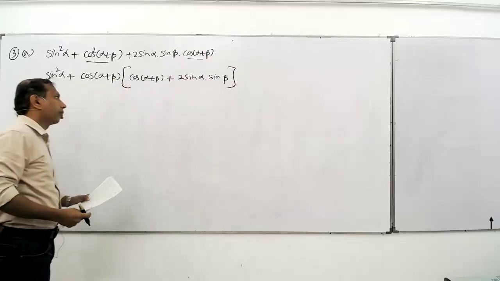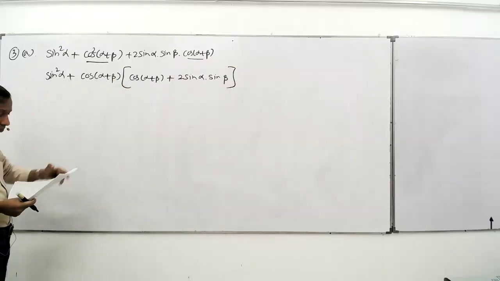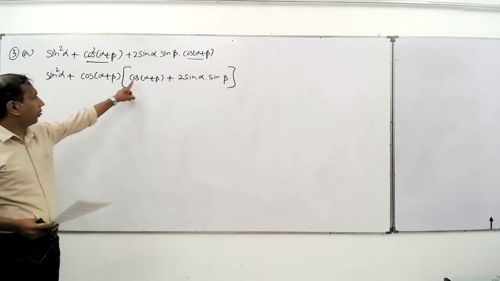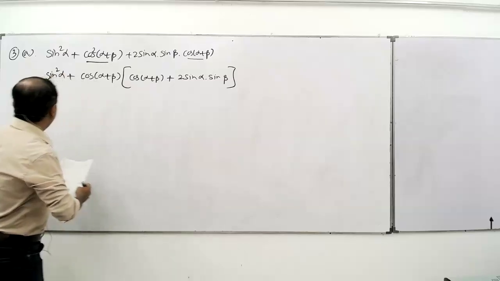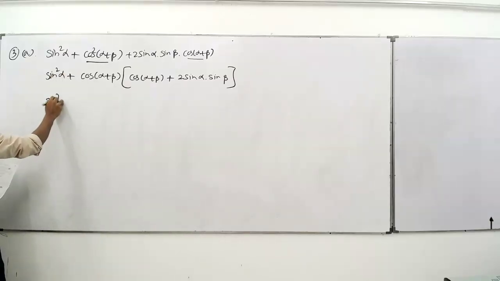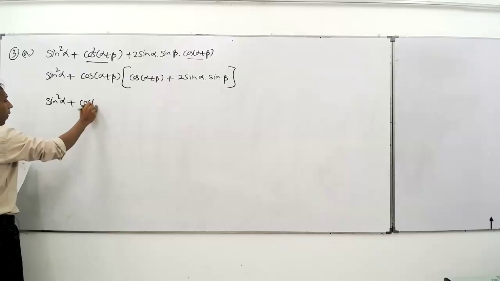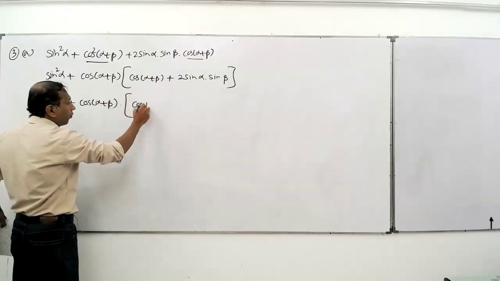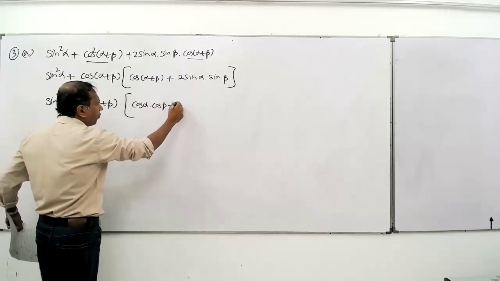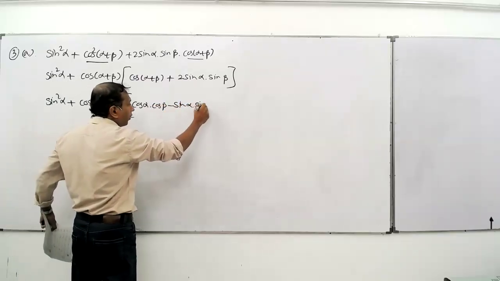Then you can expand this using cos A plus B, which is cos alpha cos beta minus sine alpha sine beta. Sine squared alpha, cos alpha plus beta, here cos alpha cos beta minus sine alpha sine beta.